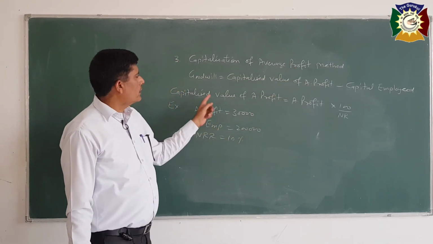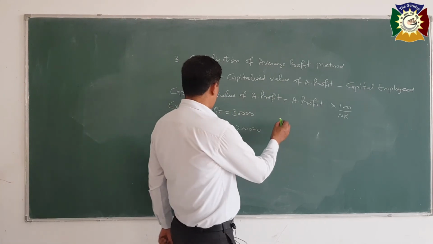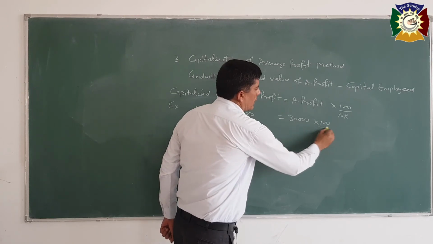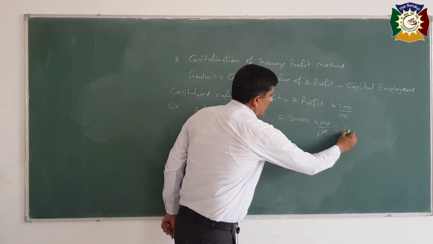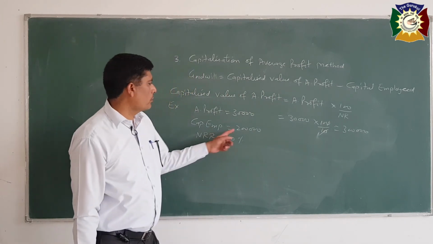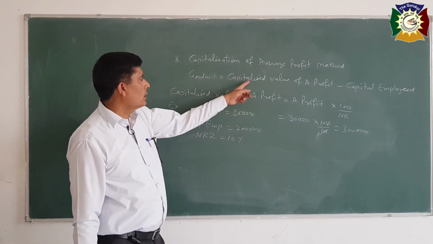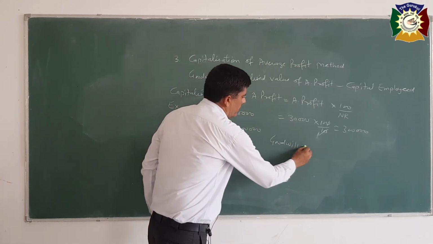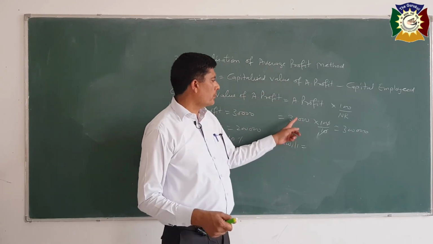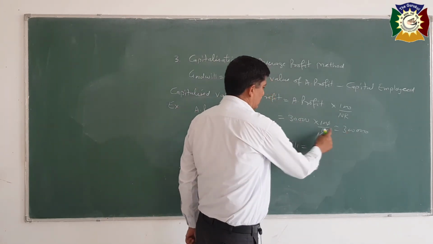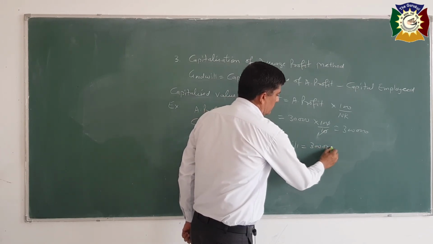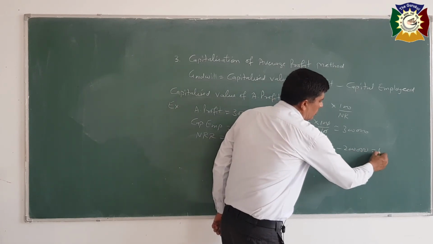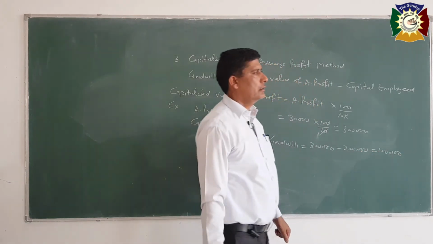So first calculate the capitalized value of average profit, that will be average profit, that is 30,000 into 100 upon NRR, that is 10, so it is 3 lakh, and capital employed is 2 lakh. So apply in this formula, goodwill is equal to capitalized value of average profit, 3 lakh, minus capital employed, that is 2 lakh. So value of goodwill will be rupees 1 lakh.